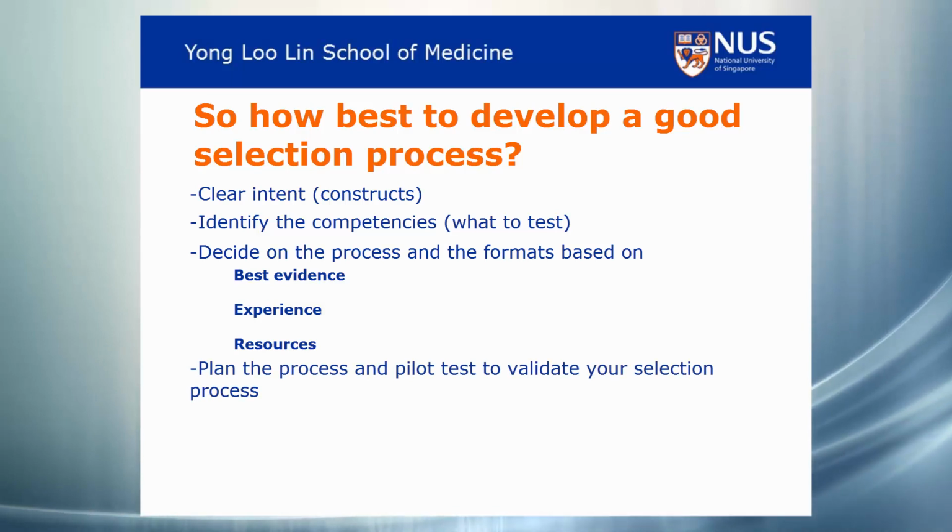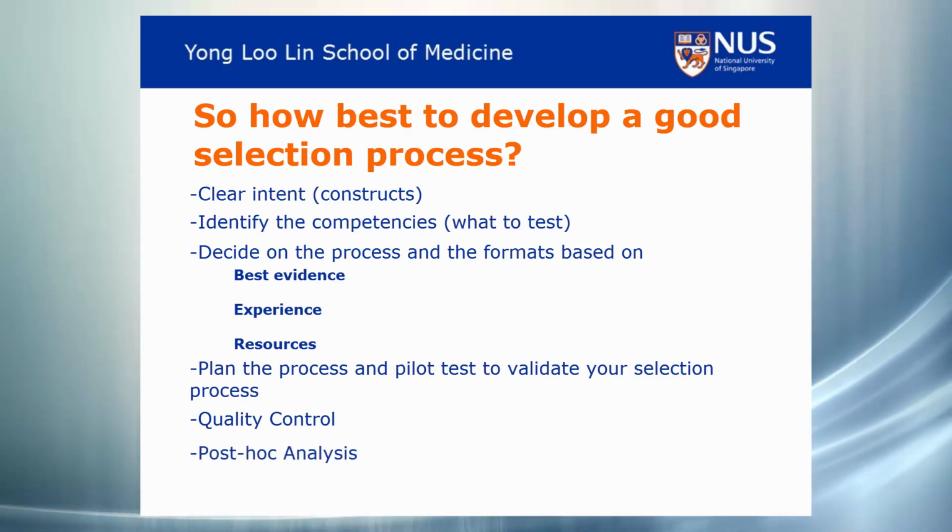Planning the process and then pilot testing to validate the selection process is extremely important. Once that is done, this is part of quality control. You run the test, and once you get the results, we need to engage in a post hoc analysis. A lot of the time, what I see in many places is that we place a lot of emphasis on the process at the beginning, but once we do the selections, there is very little post hoc analysis.